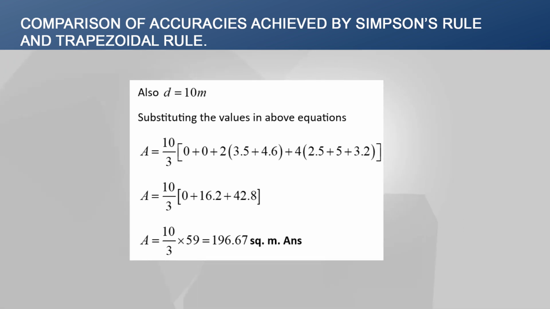So, we can simplify this equation as area is equal to 10 by 3 multiplied in the bracket 0 plus 16.2 plus 42.8. After doing the calculation, we will get area as 196.67 square meters. So, this is the answer.